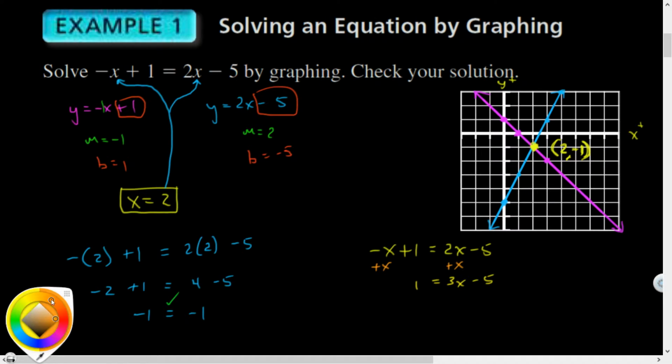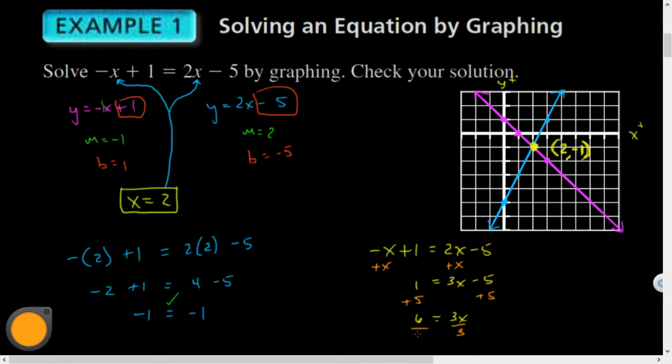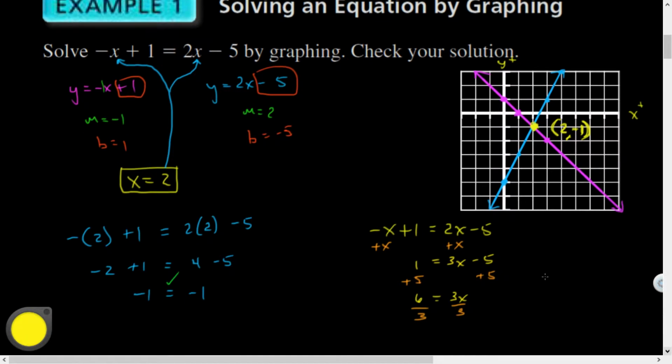I would have added 5 to both sides, and this requires no graphing. Graphing takes a lot longer, I think. 6 equals 3x, and then I would have divided both sides by 3, and I would have gotten the same exact answer. I end up getting x equals 2. Flip it around, x equals 2. So same answer.